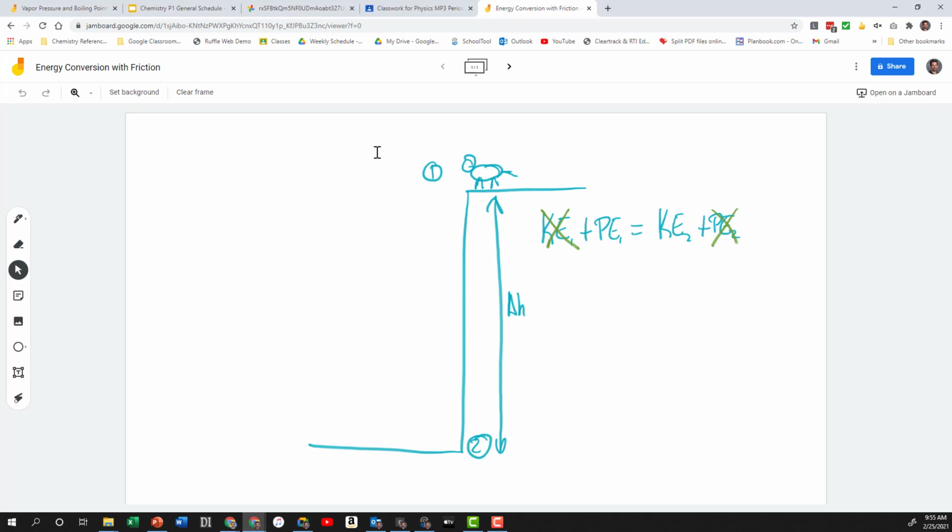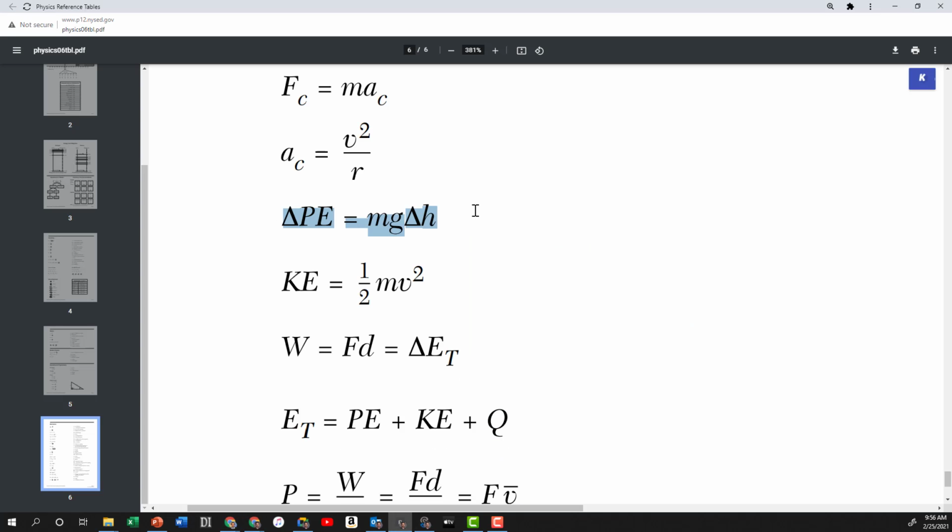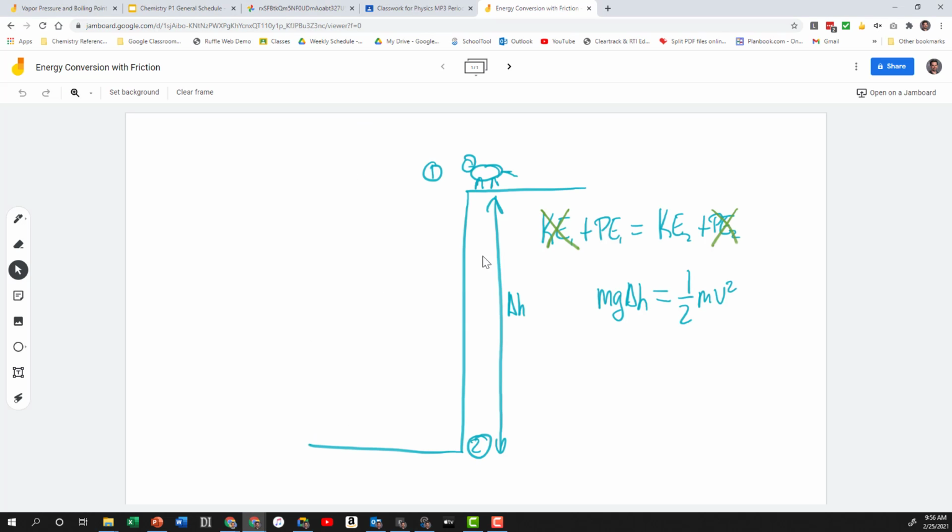So what you would just write is mg delta H, that's your potential energy, is equal to the kinetic energy, which is 1/2 mv squared. As you can see on the reference tables, PE is equal to mg delta H, and KE is 1/2 mv squared. In other words, the potential energy converted into kinetic energy.